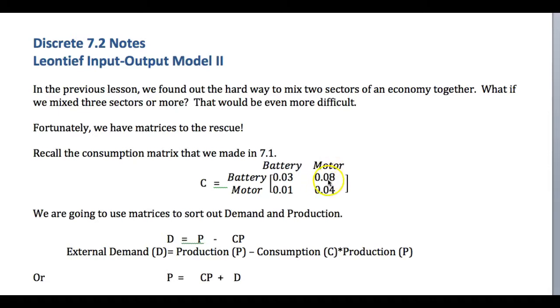So the multiplier on this would be 0.08 times M. That would be how many batteries would come from the battery company over to the motor company. This one right here is how many motors go over to the battery company. Well, 1% of the production of the batteries would be needed in motors to come over here. So this would be 0.01 times B.